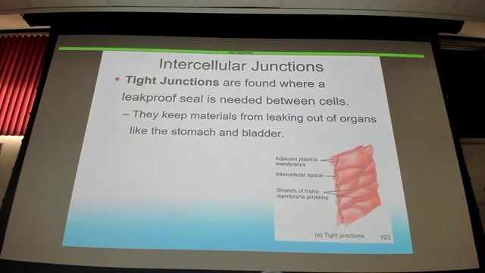So the first one we see is tight junctions, and tight junctions are found anywhere you don't want things to get through. The bladder is an example where you would see tight junctions. We do not want urine leaking out into the abdominal cavity, and it's very bad if it does happen. Very acidic for one thing, but you're going to get an infection.